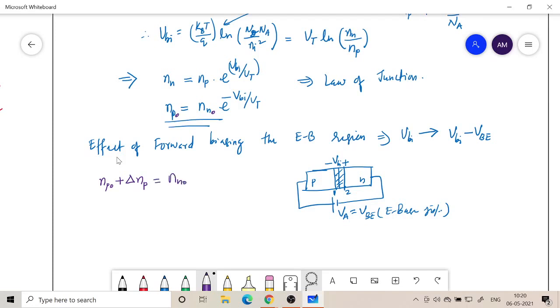Because the change in the majority carrier is very minimal, the concentration is not even changing. I told you 1 in 1000 only is leaving to the other side, and if 1 in 1000 leaves, it's like 999 compared to 1000, that is not a change.